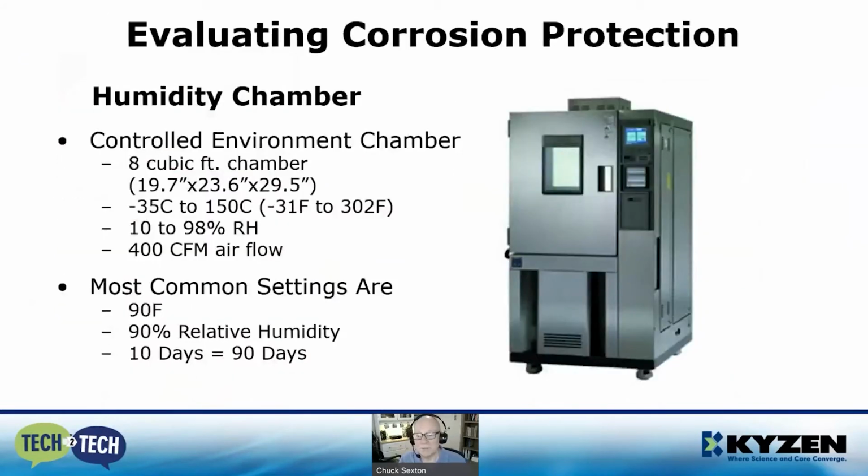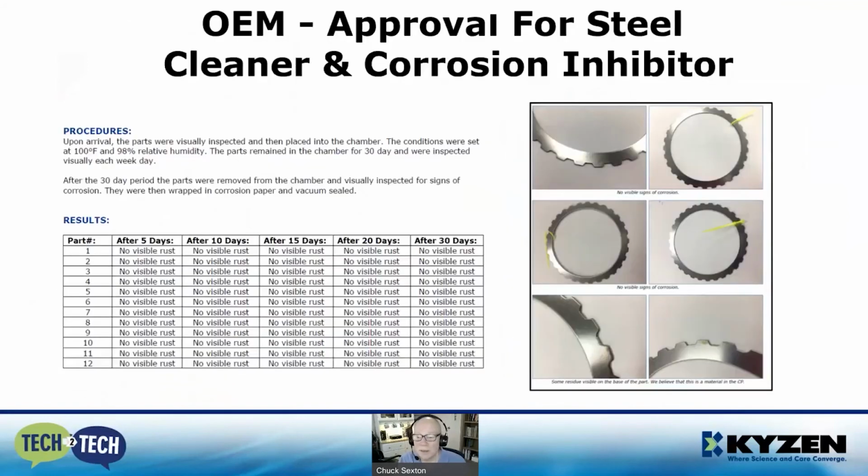One of the really nice things about moving to one of these new cleaner RP combination products is you can use a humidity chamber where you can do accelerated corrosion testing to develop data to prove to your company and to your customers that making a move to one of these new products is a good move and you won't have corrosion problems. Here, we actually did this for an automotive company.